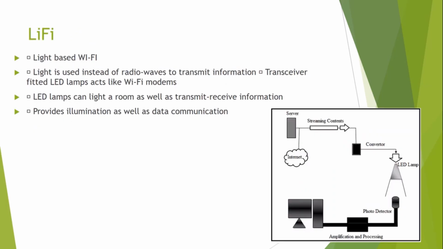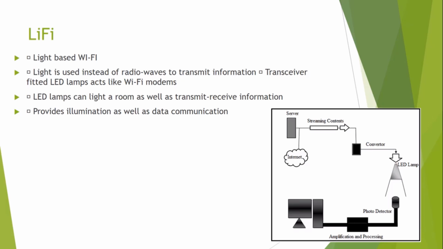Next one is Li-Fi, light-based Wi-Fi. Here you can see an example. The server, the internet, streaming content, and the middle one is a converter, and the next one is an LED lamp. You can see a photo detector, which is an LDR-like thing.